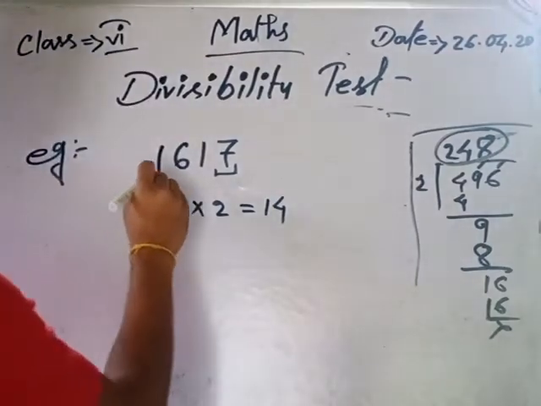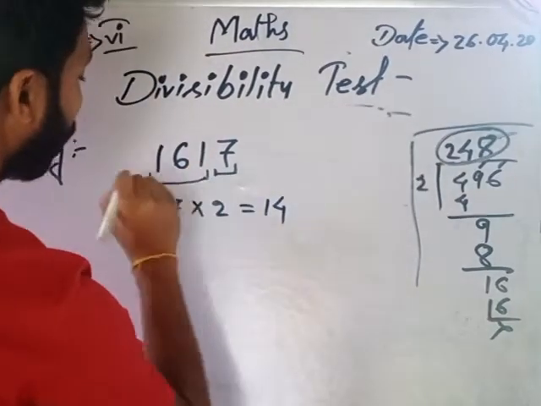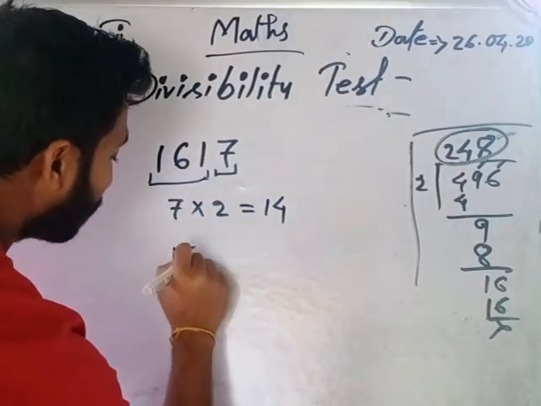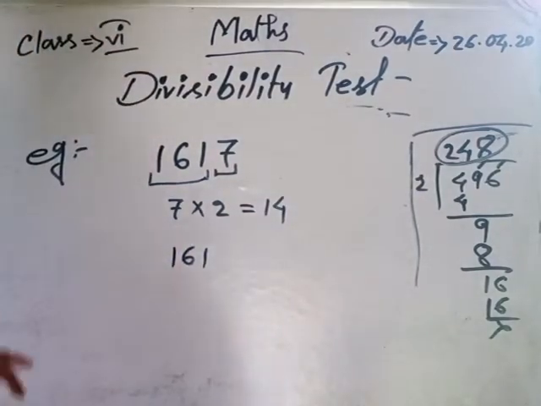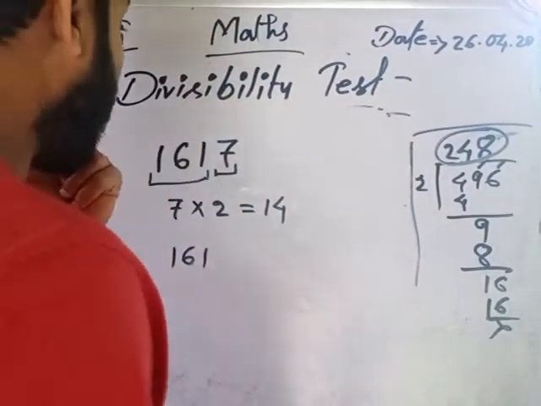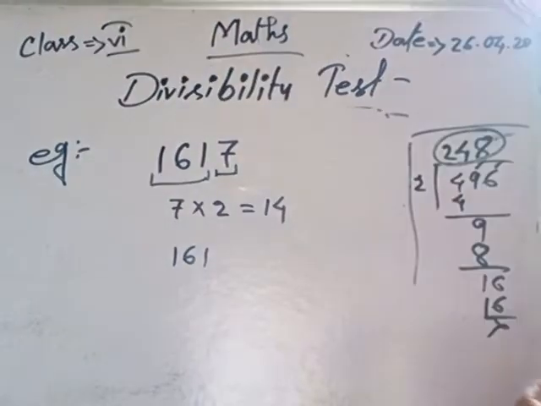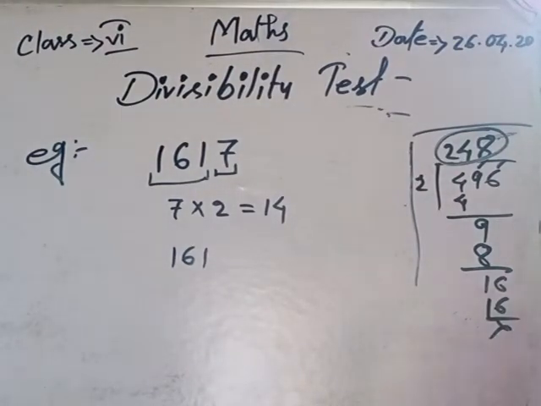The number formed by the other digits is 161. Do you understand?